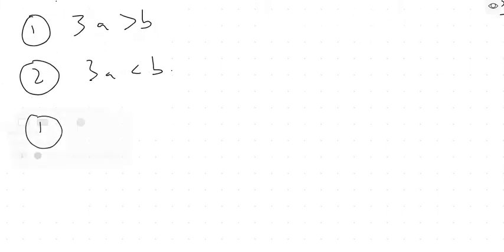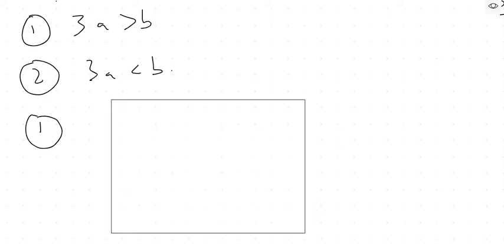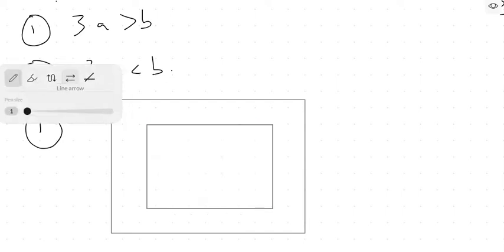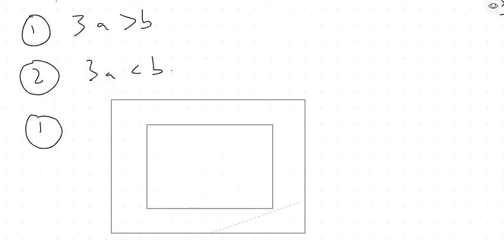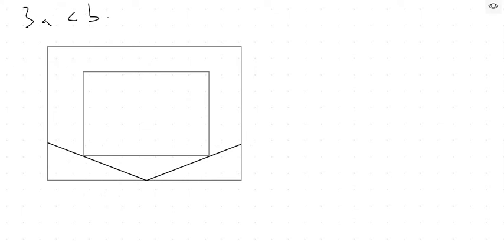I'll have to draw it again. So we've got 3A bigger than B. So A is bigger means it's one of these ones. And we may as well start from the middle there. Let me draw another 2 lines, and drop these ones in again.